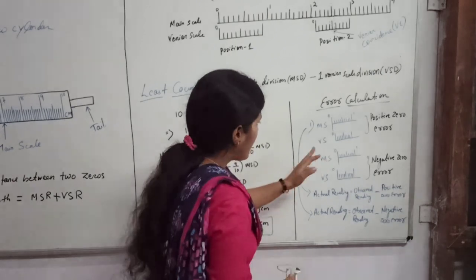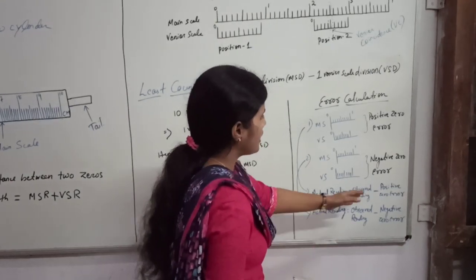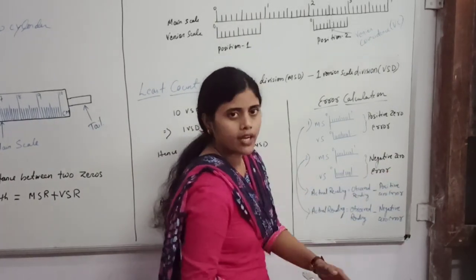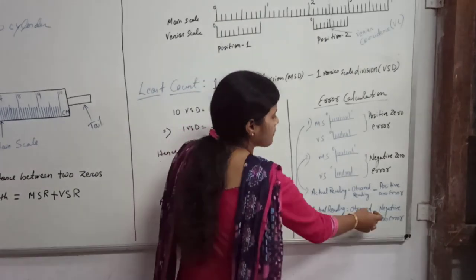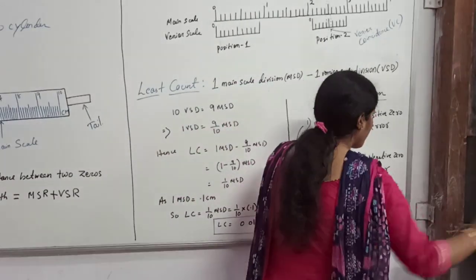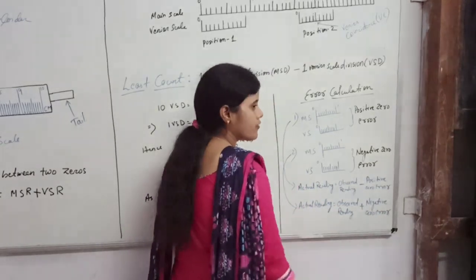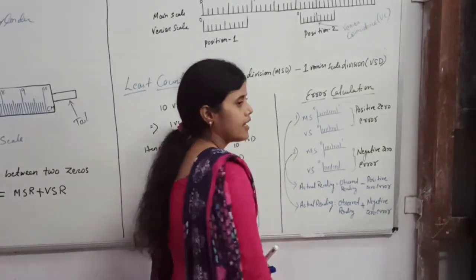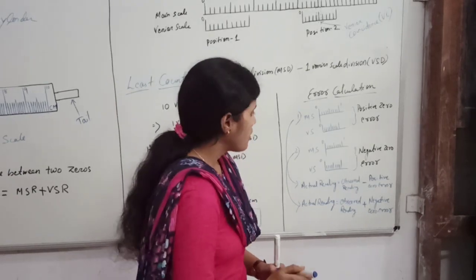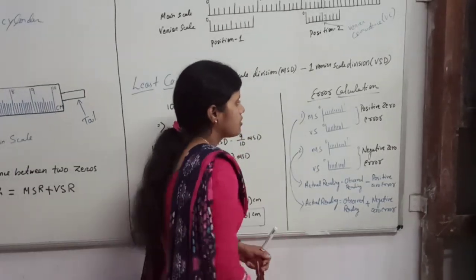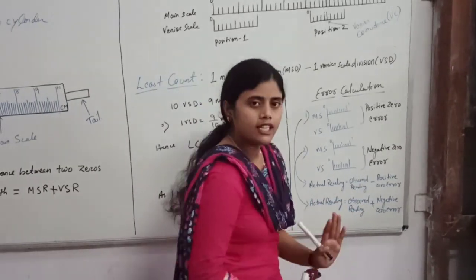In the second case, if we have located negative zero error, we simply add the negative zero error to the observed reading to get the error free actual reading. So this formula is clear.